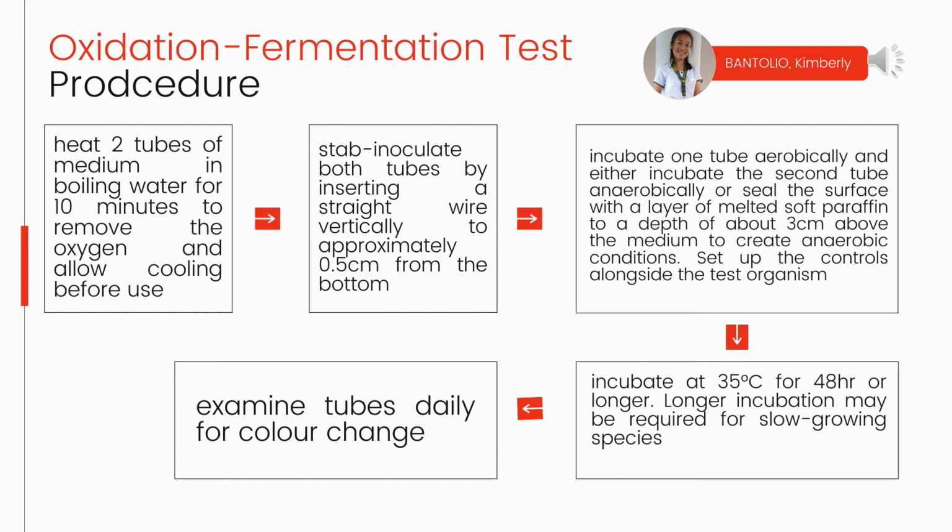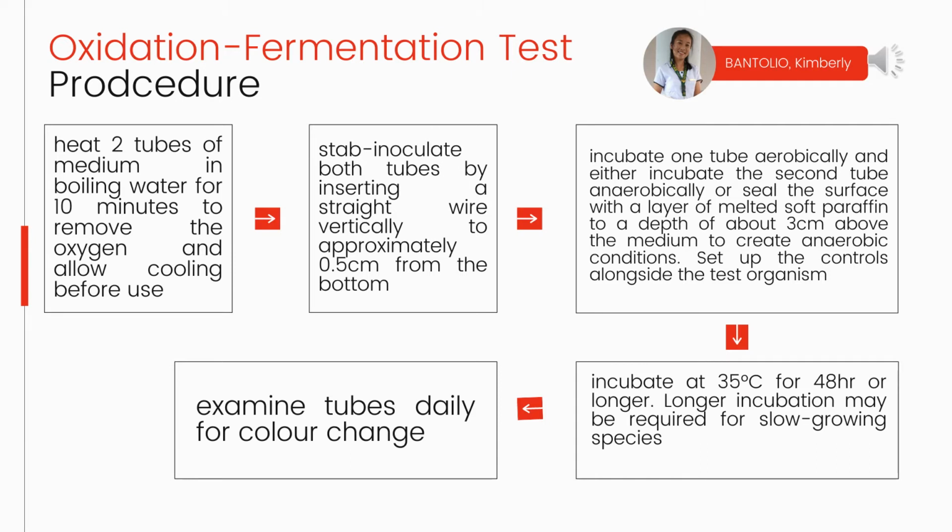After that, we heat 2 tubes of medium in boiling water for 10 minutes to remove the oxygen and then cool them down. The picture shows how to heat the tubes in boiling water. Then the organism to be studied is inoculated into two long narrow tubes, 12 by 120 mm, by deep stab inoculation.